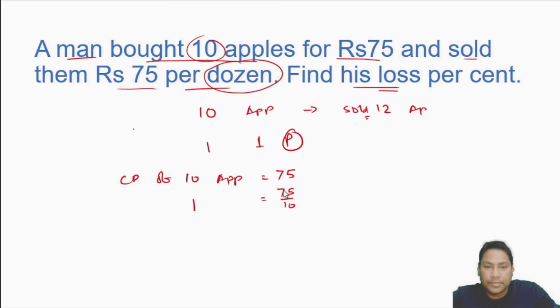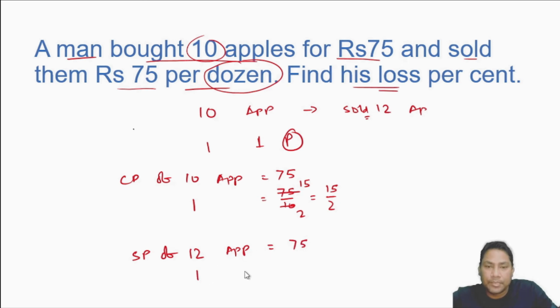We will divide it by 5. 5 fifteens are 75, 5 twos are 10, so 15 by 2 is the cost price of one apple. Likewise, we will calculate the selling price. The selling price of 1 dozen or 12 apples, meaning 1 dozen equal to 12, is 75.